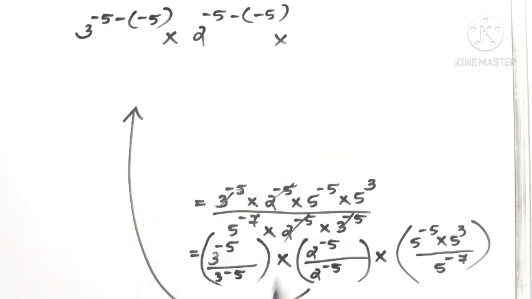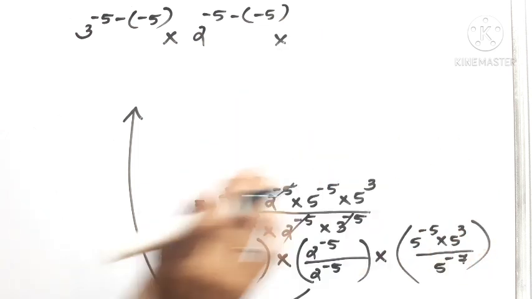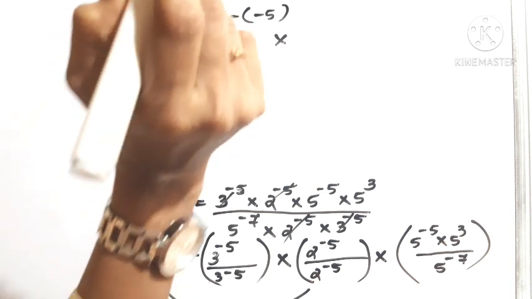Into third bracket, here a raised to m into a raised to n form, no? What about a raised to m into a raised to n?